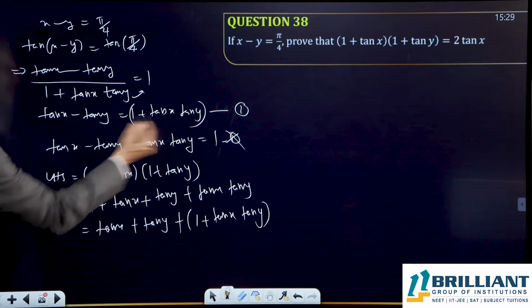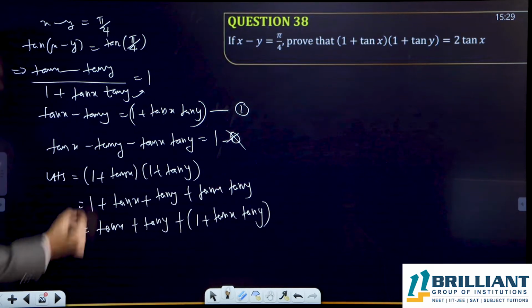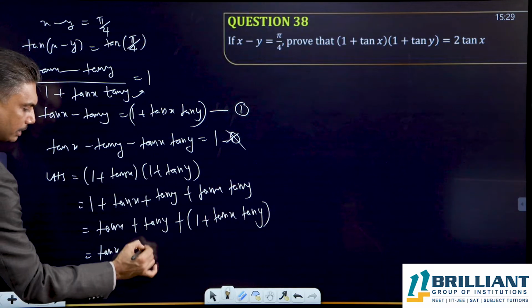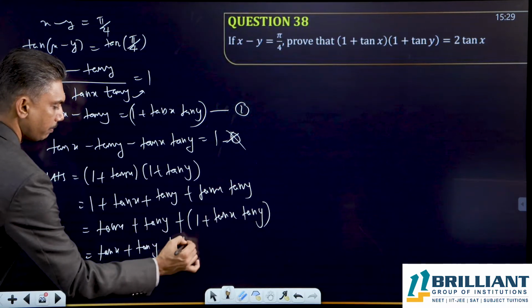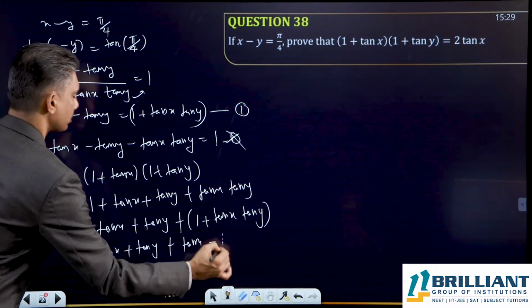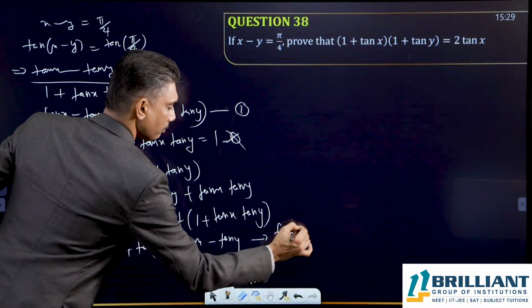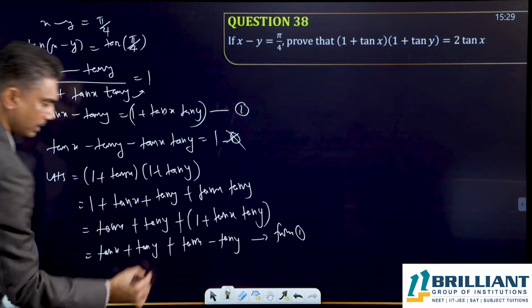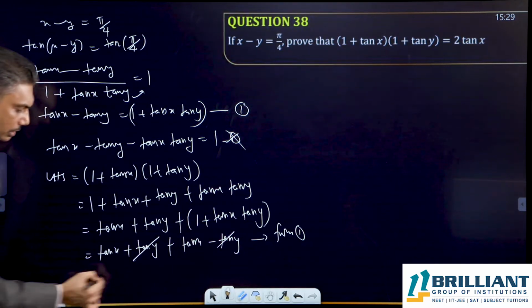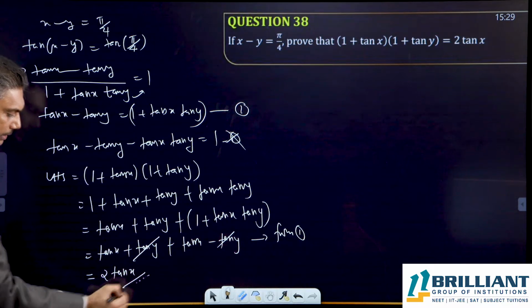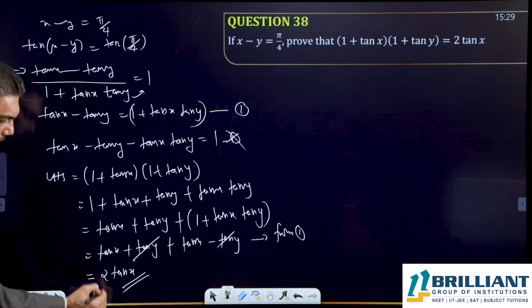What is 1 plus tan x into tan y? Tan x minus tan y. That is tan x plus tan y plus tan x minus tan y, from 1. So this gets cancelled, that is equal to 2 tan x equal to RHS.